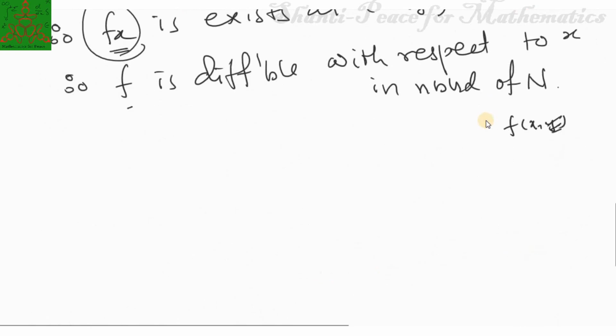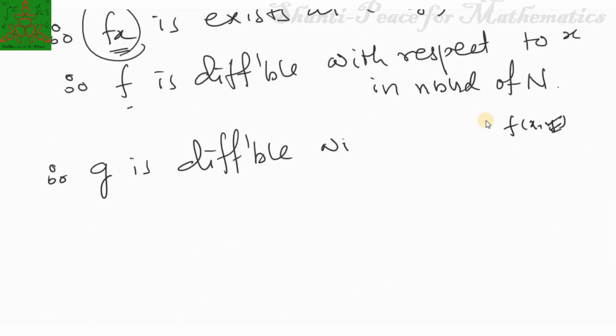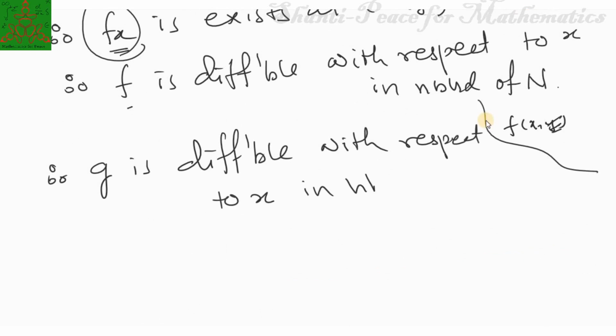So g is differentiable with respect to x in the neighborhood. Now g is a function of one variable, so its neighborhood is x0 to x0 + h. In this neighborhood g is continuous and differentiable, so we can apply the Lagrange mean value theorem.